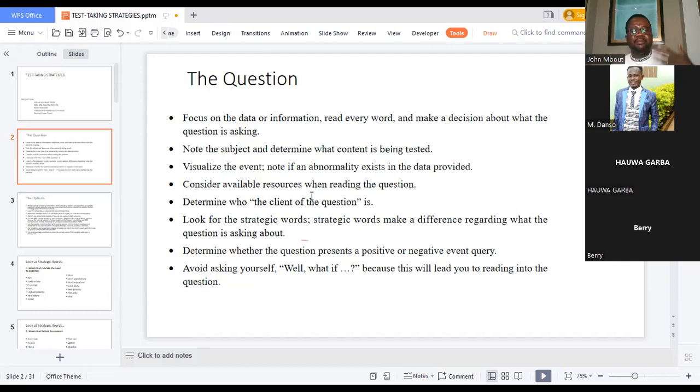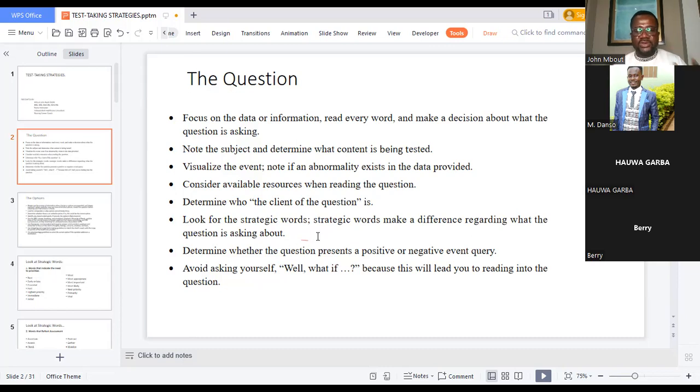You should know the medical condition that the question is describing in order to be able to answer it. I will talk about visualizing the event, and you read the question within the lines, looking at every word.